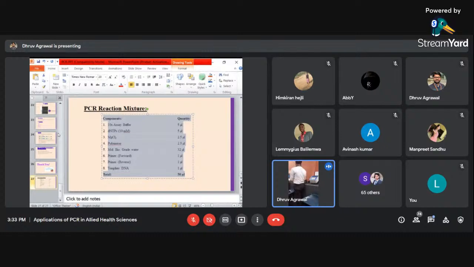And we have here dNTPs. So what is this dNTP? The nucleotide deoxyribose. The full form of D is deoxyribose. What stands for N? Nucleotide. They can be dimer, trimer, monomer.